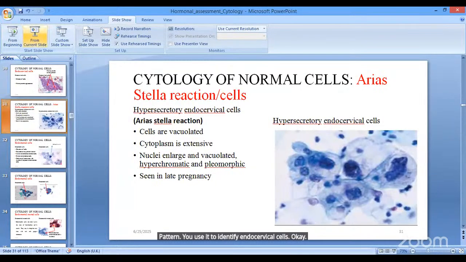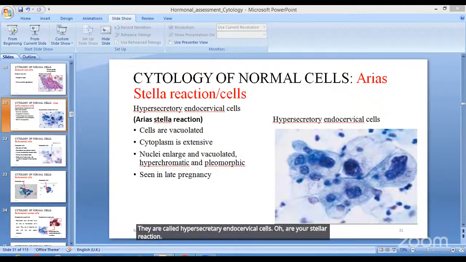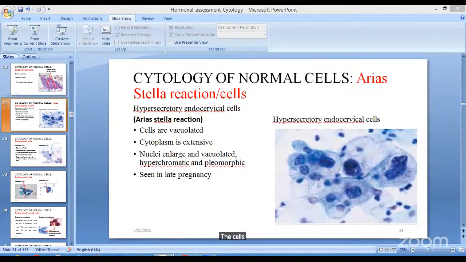During pregnancy, there is a type of endocervical cell you should know. They are called hypersecretory endocervical cells, or the Arias-Stella reaction. The cells are large, vacuolated, with extensive cytoplasm, which is often mistaken for a pleomorphic condition.